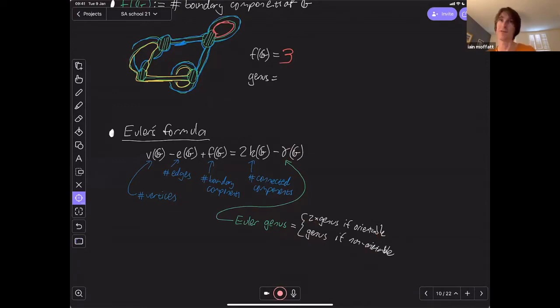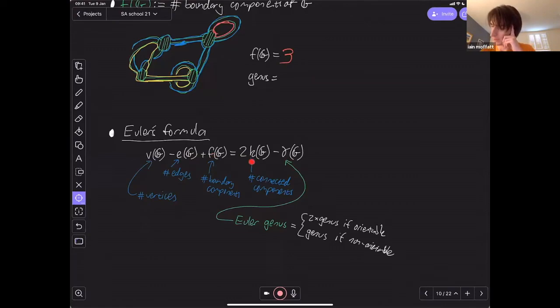So the Euler genus of a torus is 2, and the Euler genus of a real projective plane would be 1. So let's apply this to calculate the genus of this example. V is the number of vertices, E is the number of edges, F is the number of boundary components, K is the number of connected components.